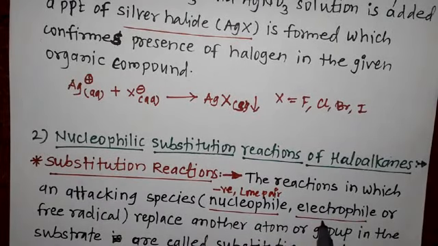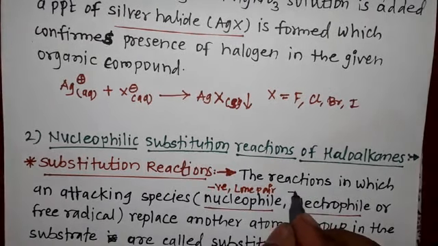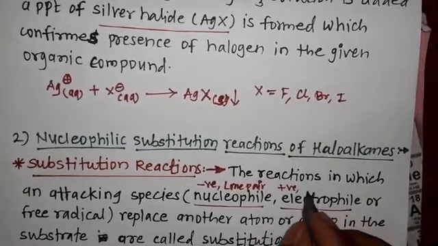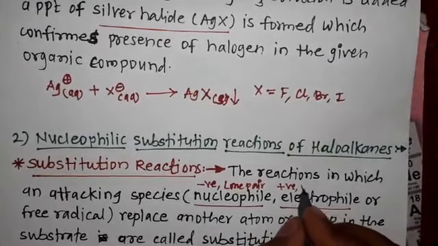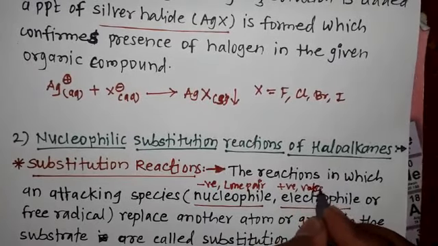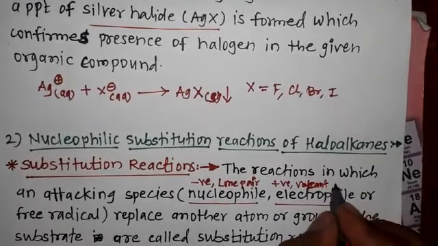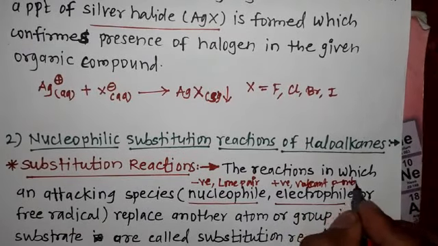Due to the electron deficient nature of electrophile, it may have positive charge, or it should have vacant p orbital or maybe d orbital.